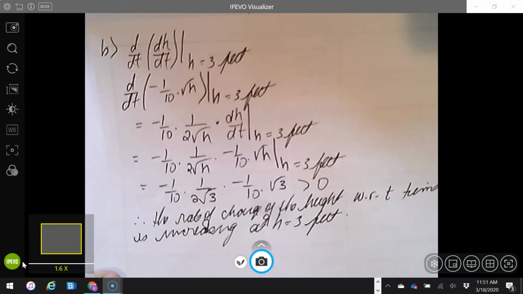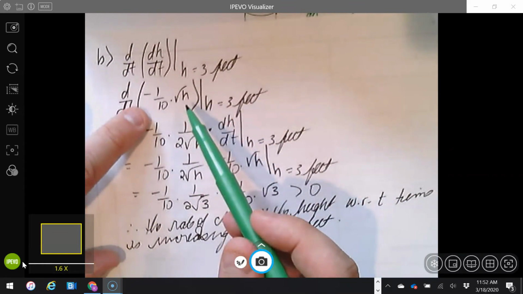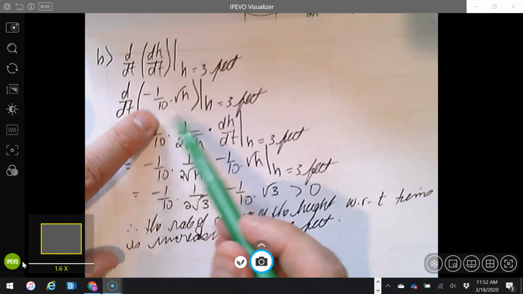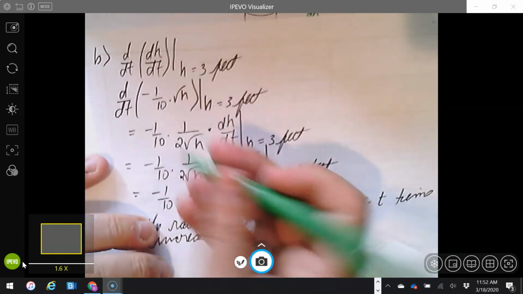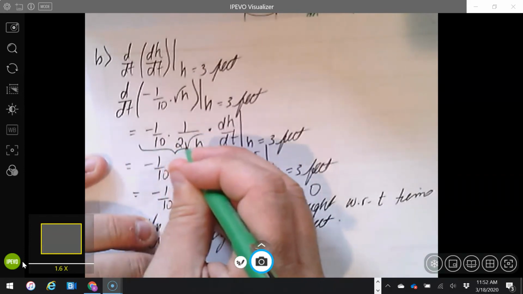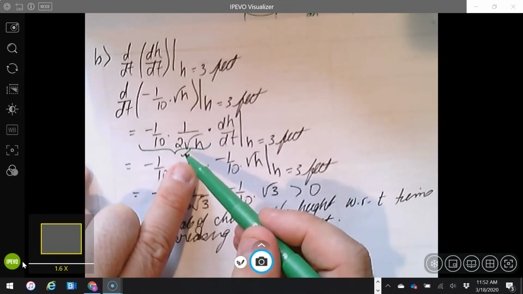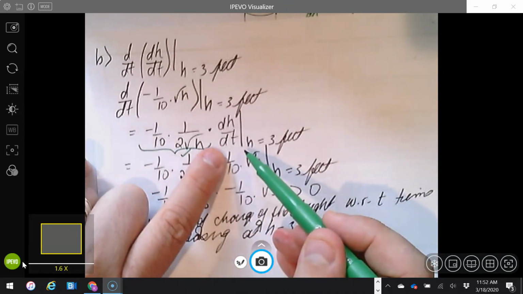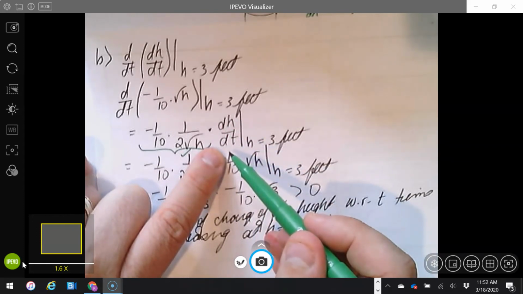Let's look at how they awarded points. They awarded 1 point for correctly finding the derivative of the negative 1 over 10 square root of h and getting this part right here. So basically they're saying if you know how to find that derivative, we're going to give you the point even if you forgot to use the dh/dt.